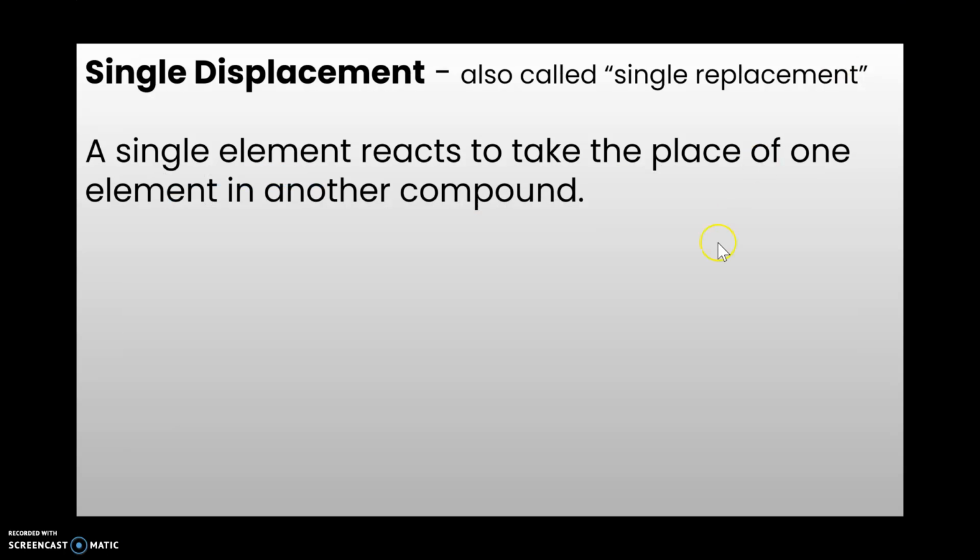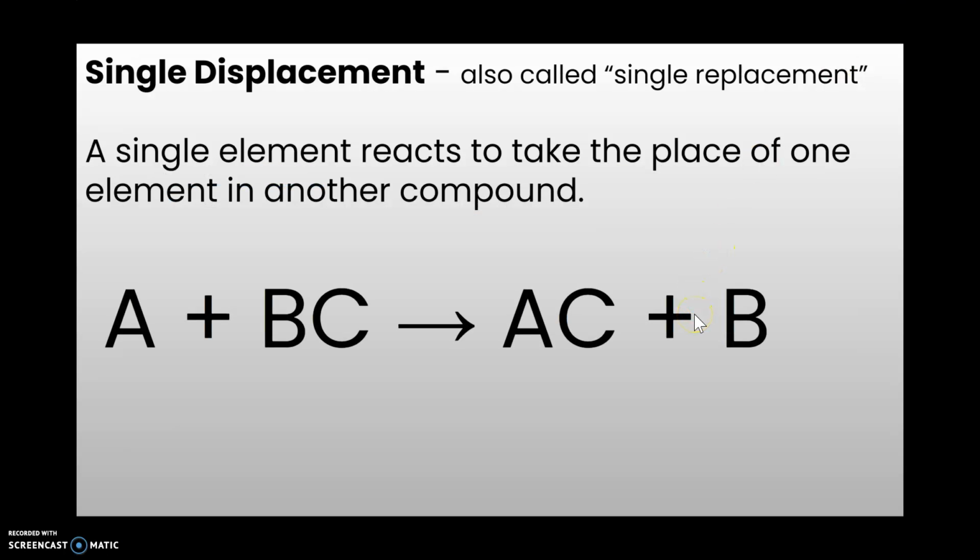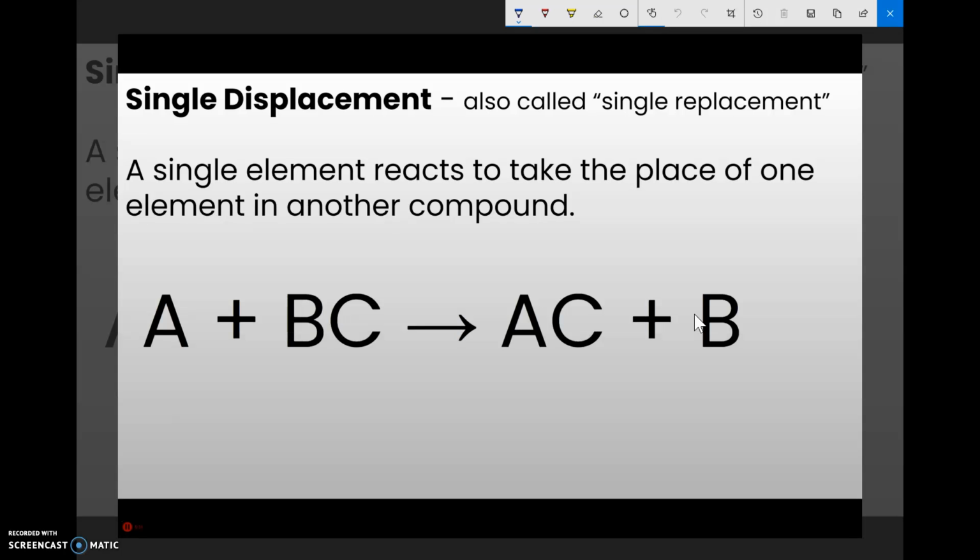So here's the general equation: A plus BC yields AC plus B. Just to give you an idea, let's say that A is a metal, B is also a metal, but C is a nonmetal. Whichever element is by itself, in this case the A, is going to replace whatever is similar to it in the compound.